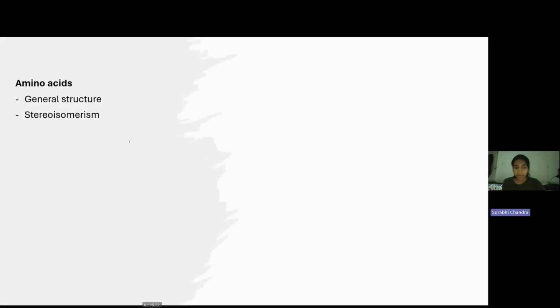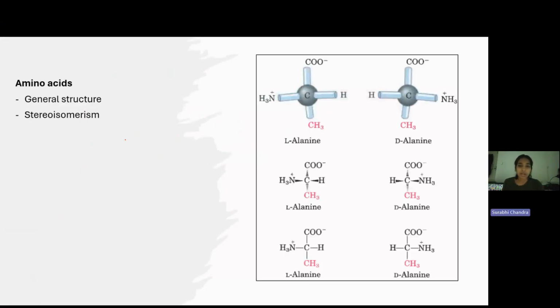So we looked at stereoisomerism or chirality in case of carbohydrates as well. Here also, in nature, we have L amino acids existing. L and D basically refer to levorotatory and dextrorotatory, depending on which way the plane polarized light is rotated by these molecules.